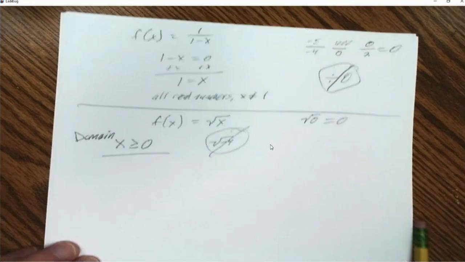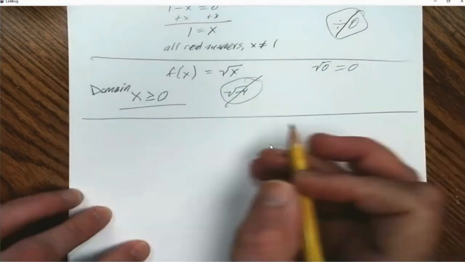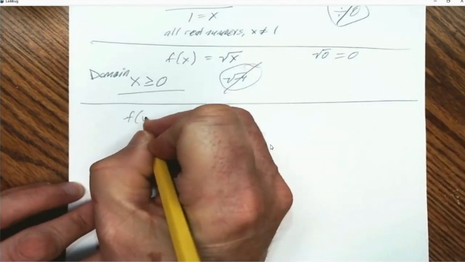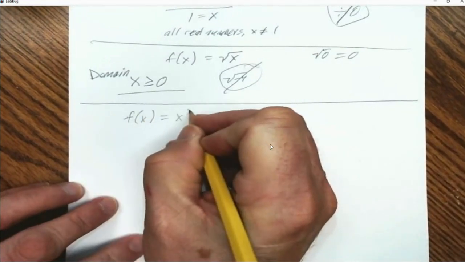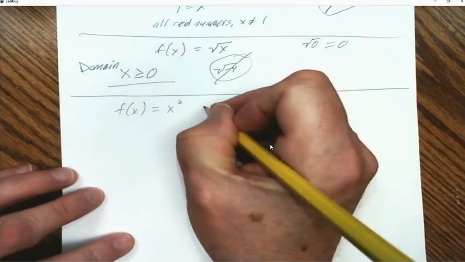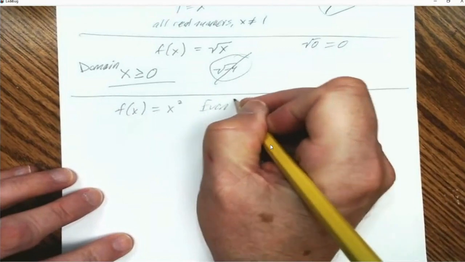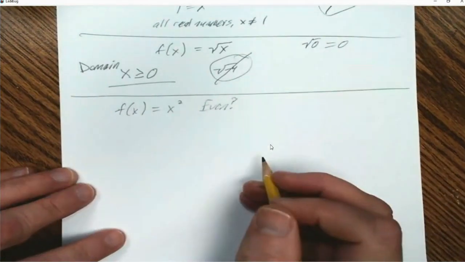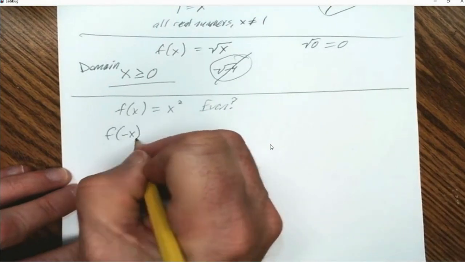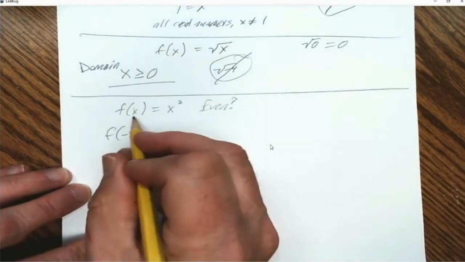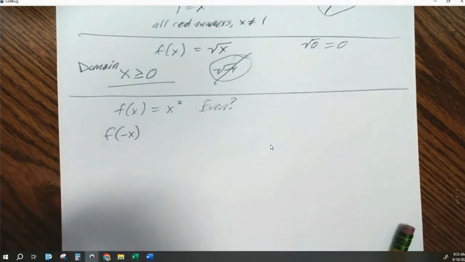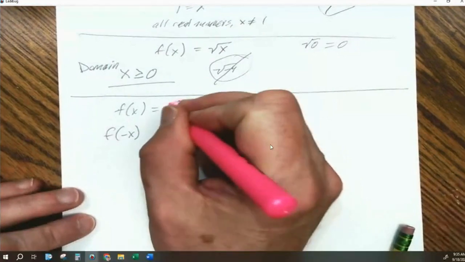If we want to know if it's even, let's say we're going to test f of x equals x squared. Is this even? It says we can take f of negative x and it will equal the exact same thing. We're looking for it to be x squared.